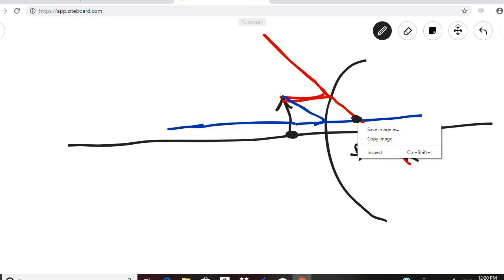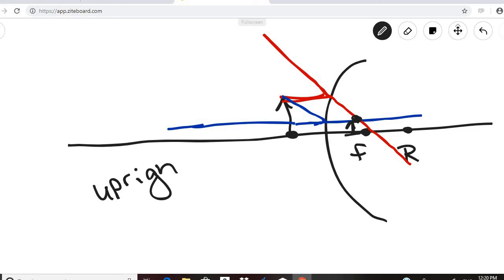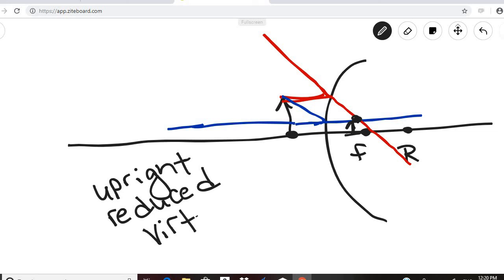Okay, so again, this is the bottom of the image, so the image would be upright. It would be reduced, and it would be a virtual image because it appears as if it came from behind the mirror.